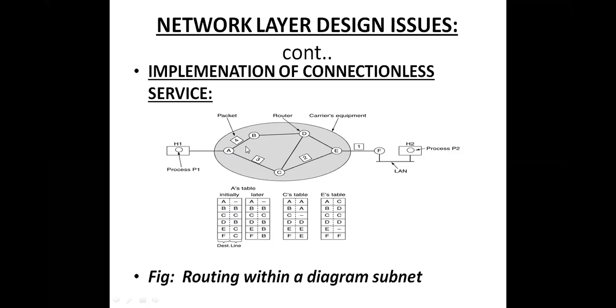And then if A is willing to communicate to D, either it can go via B or it can go via C. This is A's table.